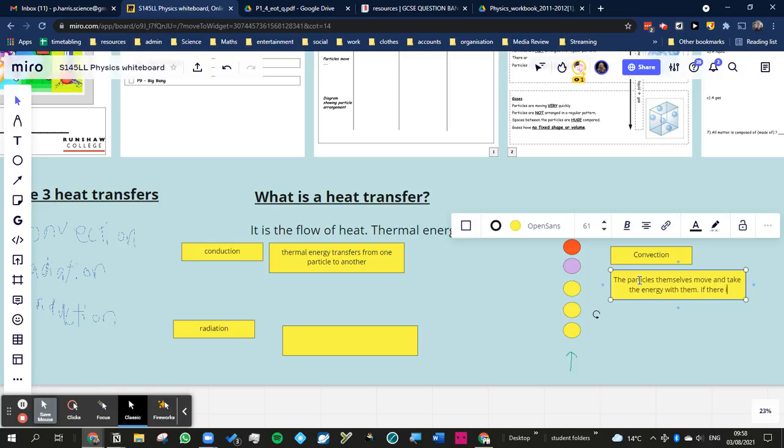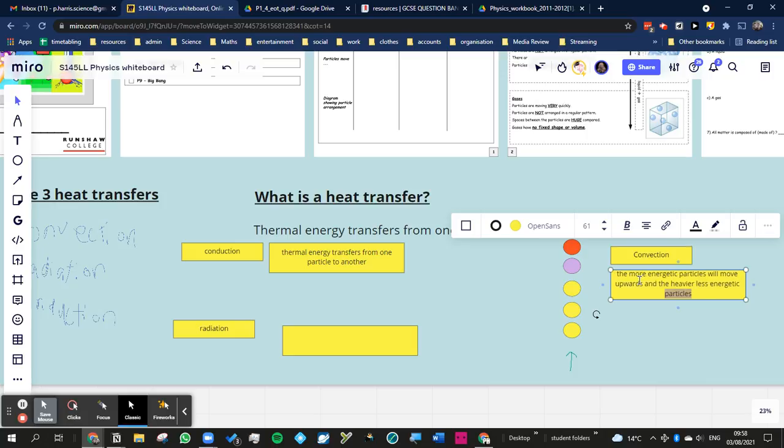If there is gravity, which there usually is, the hot or the more energetic particles will move upwards, and the heavier, less energetic particles.